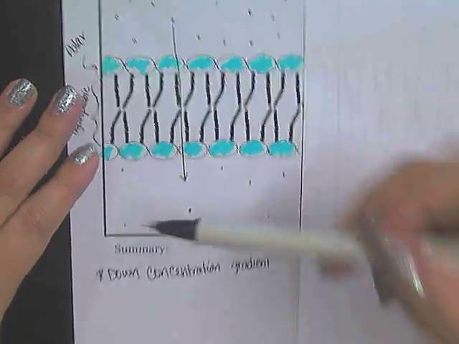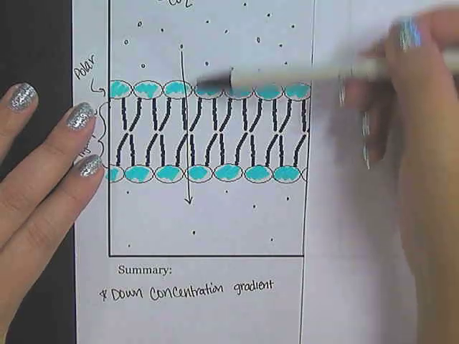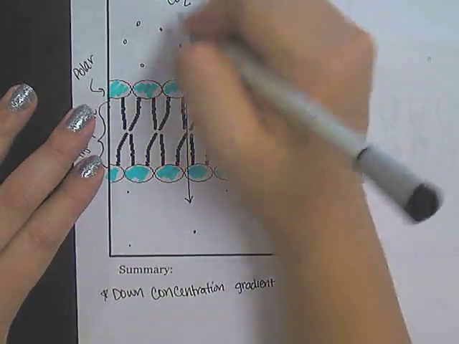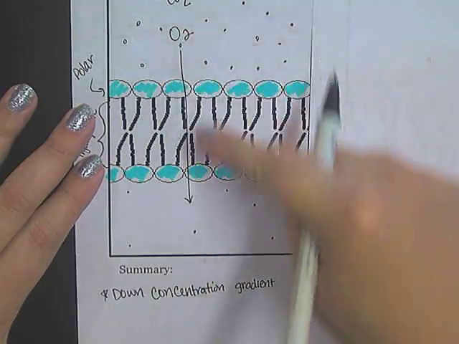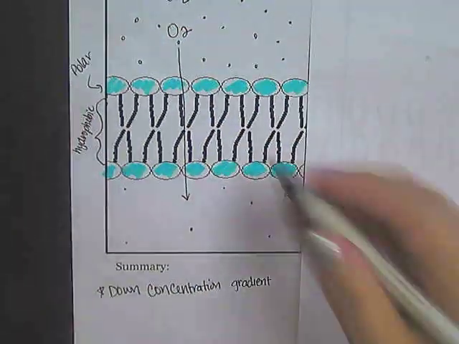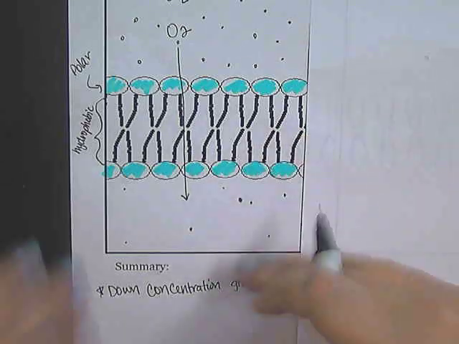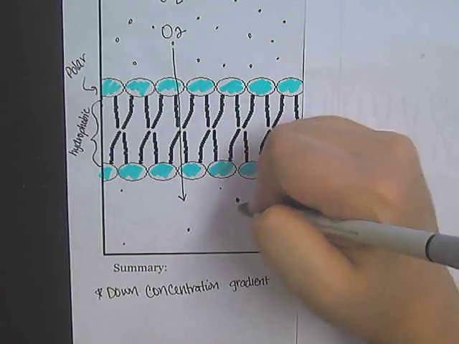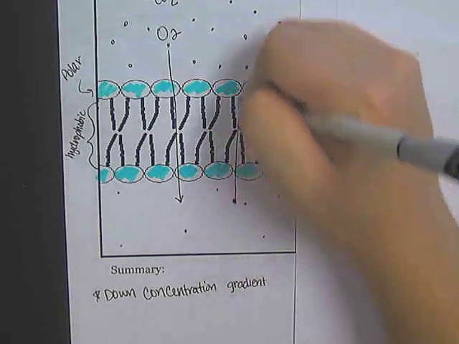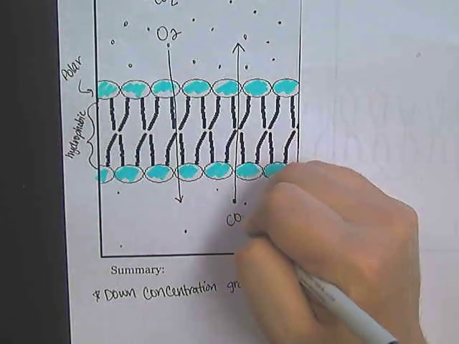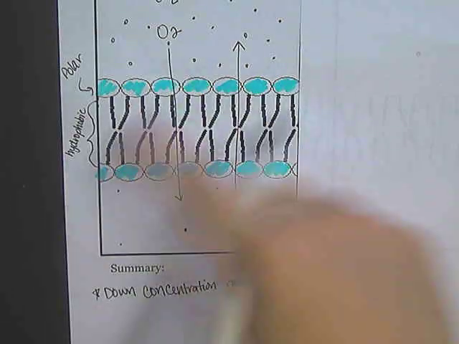Please don't think that down means because we're drawing it down the picture. So for example, oxygen to diffuse down its concentration gradient would go inside the cell, but carbon dioxide, because it's being produced inside the cell as part of cellular respiration, when it goes down its concentration gradient, it's going to go out of the cell.